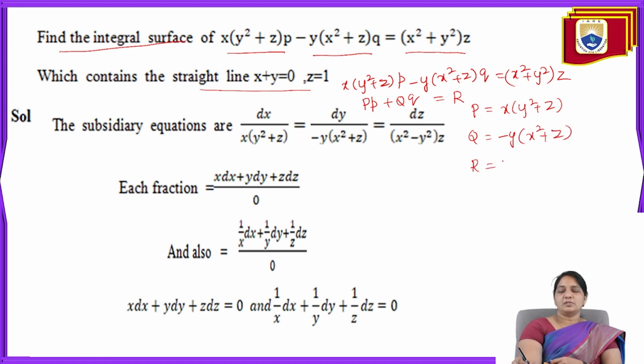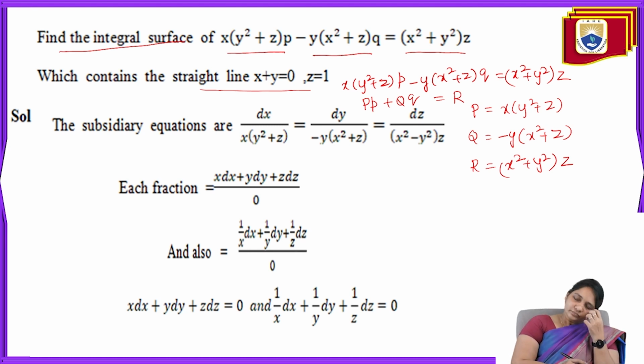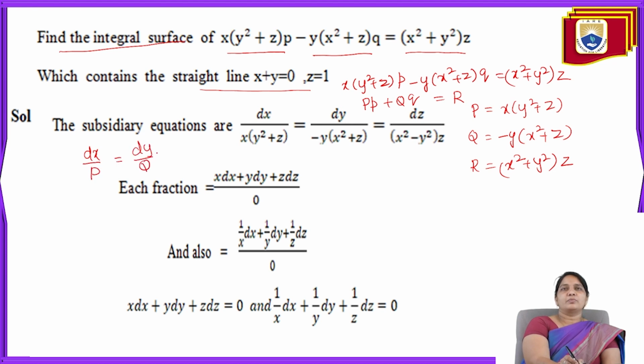Capital R is x square plus y square into z. Now I am going to do the solution. So now I am writing the auxiliary equation, that is dx by P equals dy by Q equals dz by R.